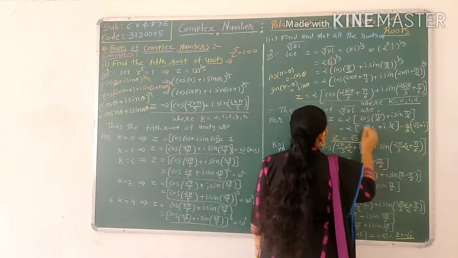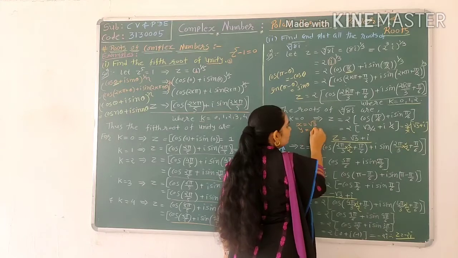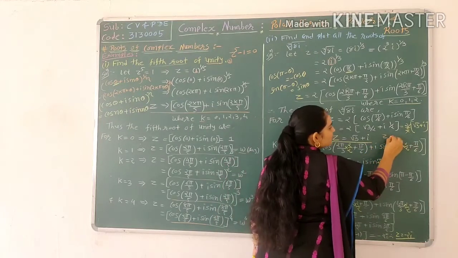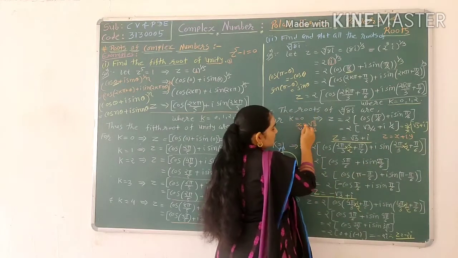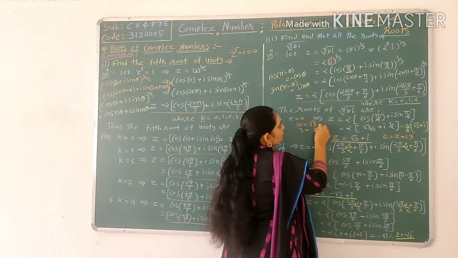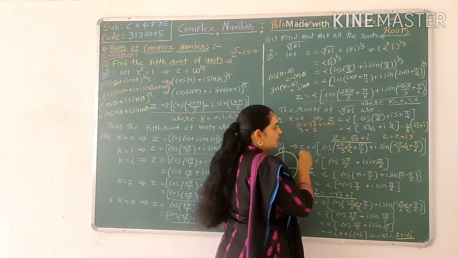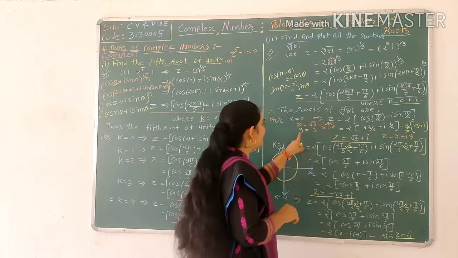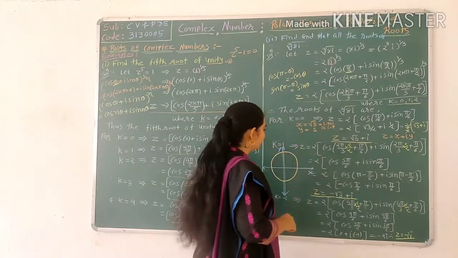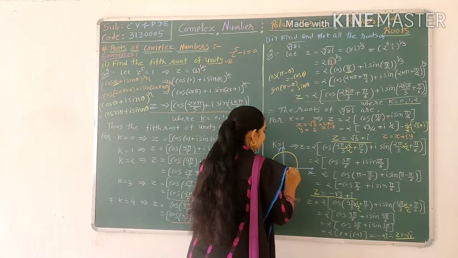That means x is equal to root 3 and y is equal to 1, because we know that z is equal to x + iy. Root 3 is 1.721 something, that means approximately 1.7, and y is equal to 1.